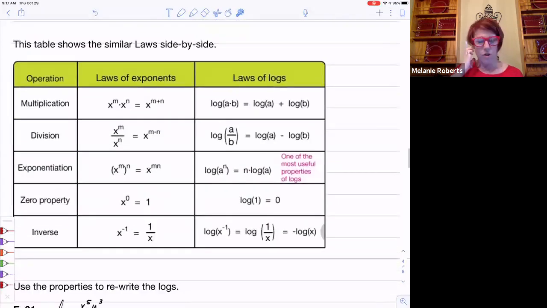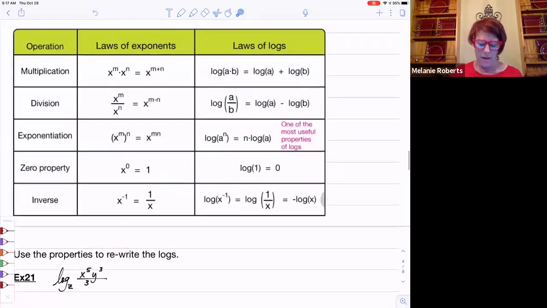And this right here just shows you another table of the exact same thing, but it shows you the relationship between the exponential rules and the log rules. So it's kind of neat. Here, when you're multiplying like bases, you add the powers. Here, when you're taking the log of two things multiplied together, you're adding your two logs.